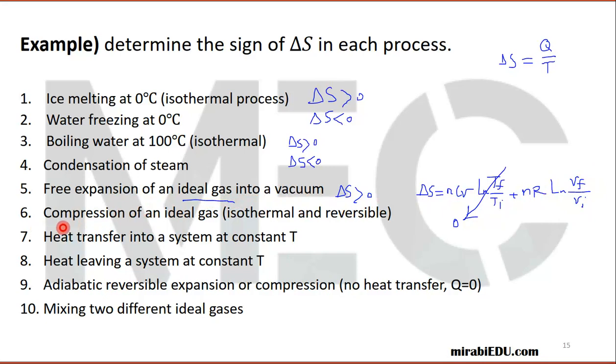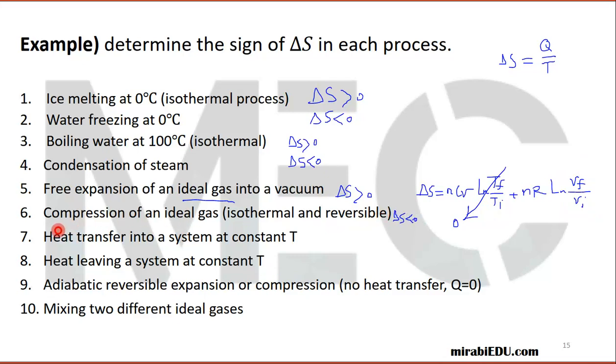Now, number 6, compression of an ideal gas, isothermal and reversible. So here, this is isothermal, so the temperature term goes away, and this fraction is less than 1, so ln of a number less than 1 is negative. So number 6, delta S will be found to be negative.